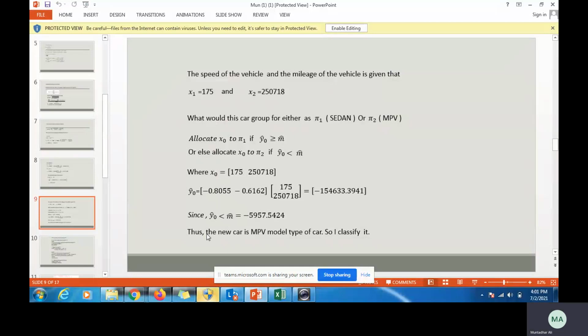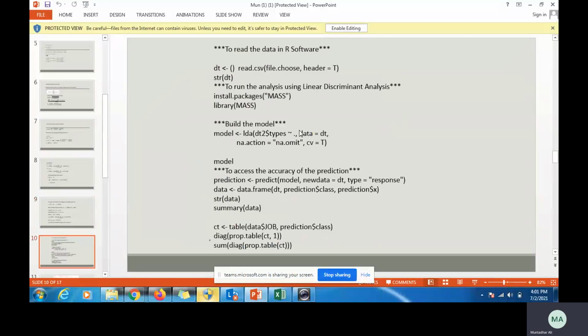So I classify it. Then I do the analysis by using R. We write this code: dt equal to read.csv file, choose header equal to T. Then we run the analysis using linear discriminant analysis using package MASS.